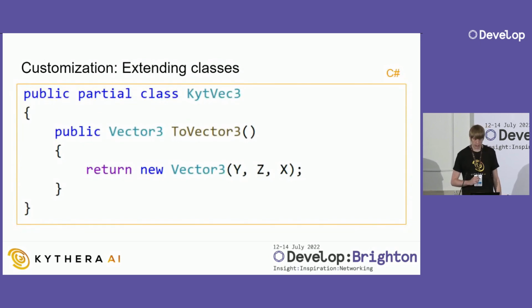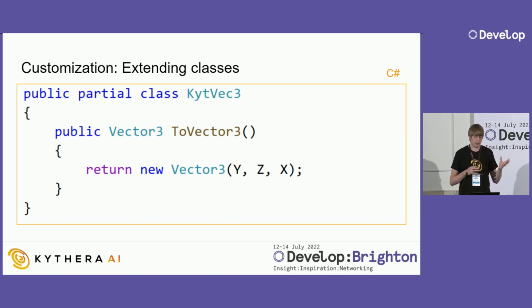And the last one is extending classes. So this isn't directly related to CppSharp, but there is a concept of partial classes in C#. This allows you to define a class in two different files, and then the two implementations will be merged together by the compiler. This is very useful in our case. We have a bunch of bindings auto-generated in a file, and we really don't want to modify that file because we want to regenerate it as soon as something changes.